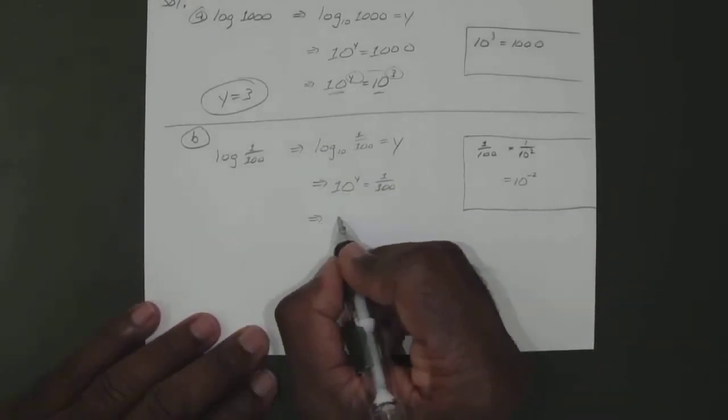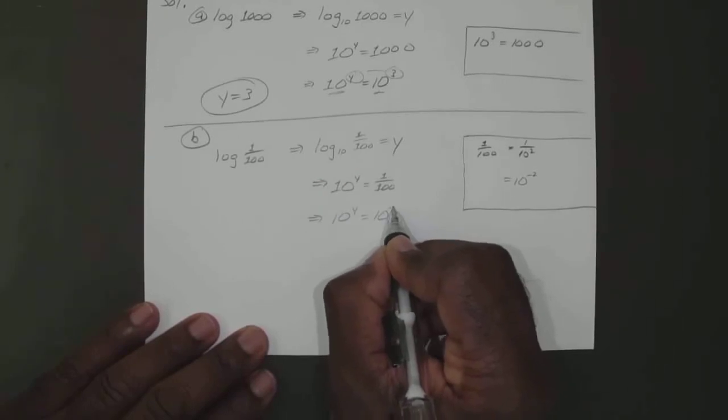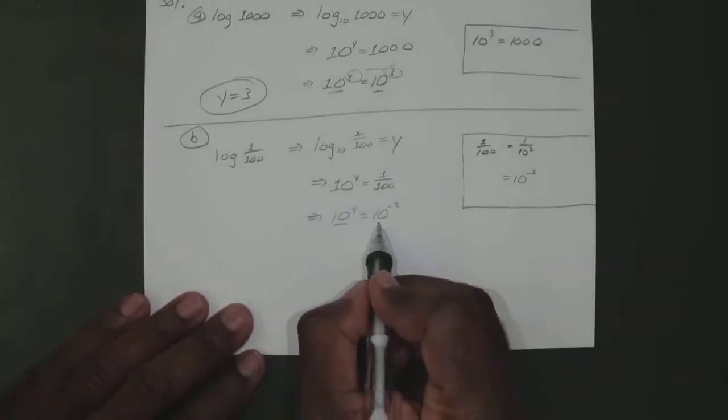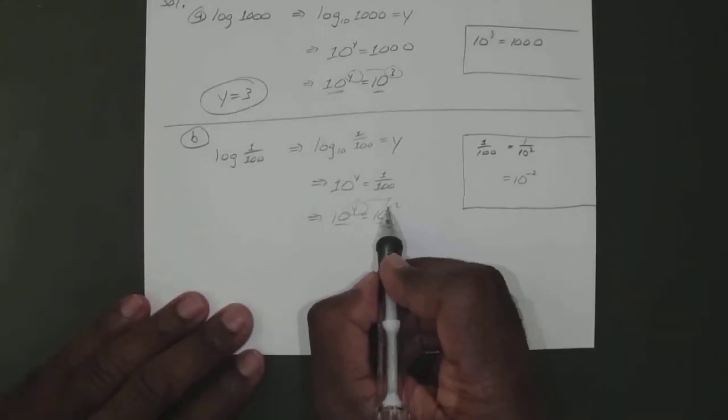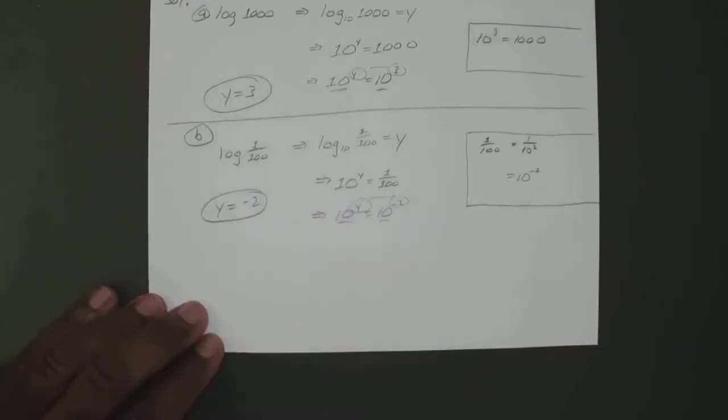So that means 10 to the power of y is equal to 10 to the power of negative 2. So our bases are the same, so this would only be true if our y is equal to negative 2.